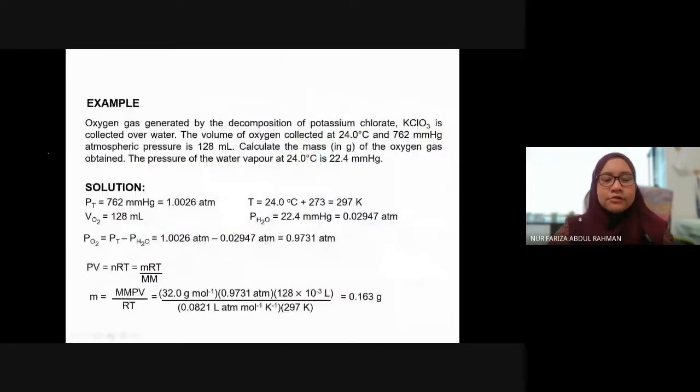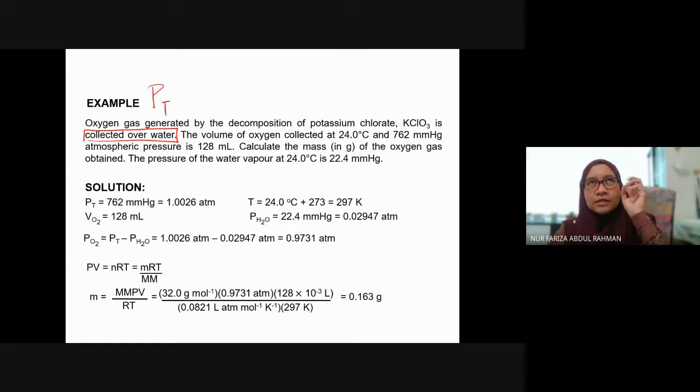Okay. Let's look at this example. Oxygen gas generated by the decomposition of potassium chlorate is collected over water. The moment you see this statement, you can bear in mind that the pressure yang dia bagi tu is actually P total, guys.